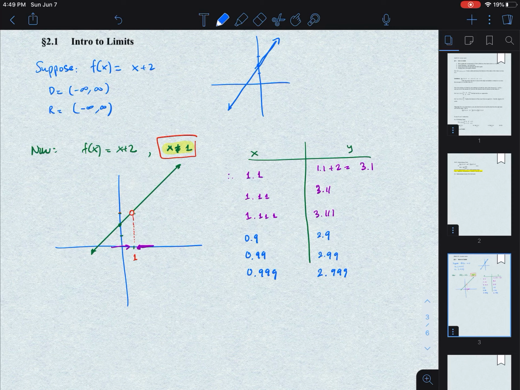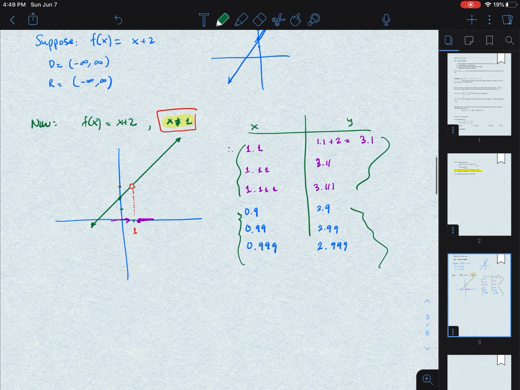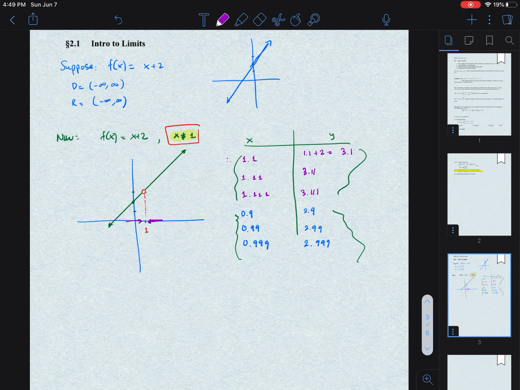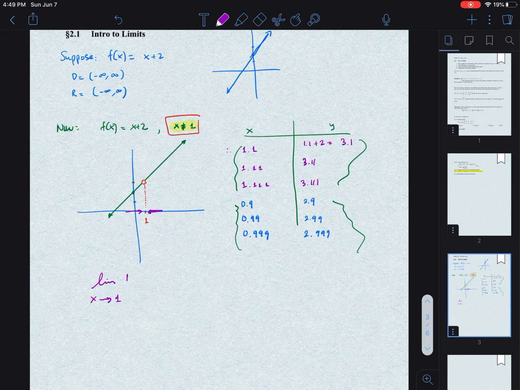As x gets pretty close to 1 from both directions, the y values are getting closer to what? To 3. The way we describe that mathematically is we say that the limit, where lim is short for limit, as x approaches 1 of the function is equal to 3.